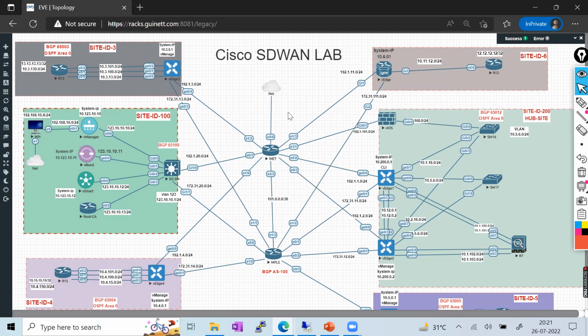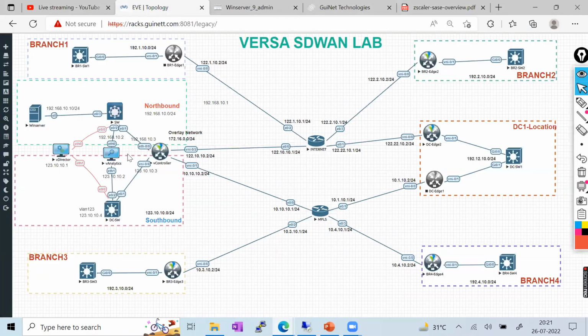So this is the Cisco SD-WAN site, and again you see a similar kind of solution. We have different sites, data centers, different branches, and controllers. So these are the two different SD-WAN solutions I'm talking about right now. One is the Cisco SD-WAN solution, and the other is the Versa SD-WAN solution, right?